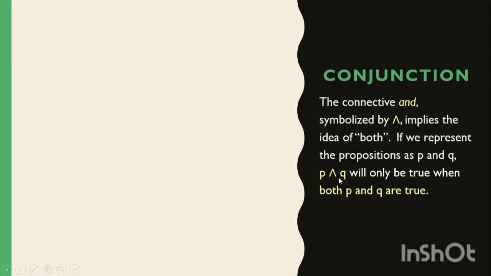You read the symbol as P and Q. P and Q will only be true when both P and Q are true. So in a truth table, P and Q will only be true if both P and Q are true.